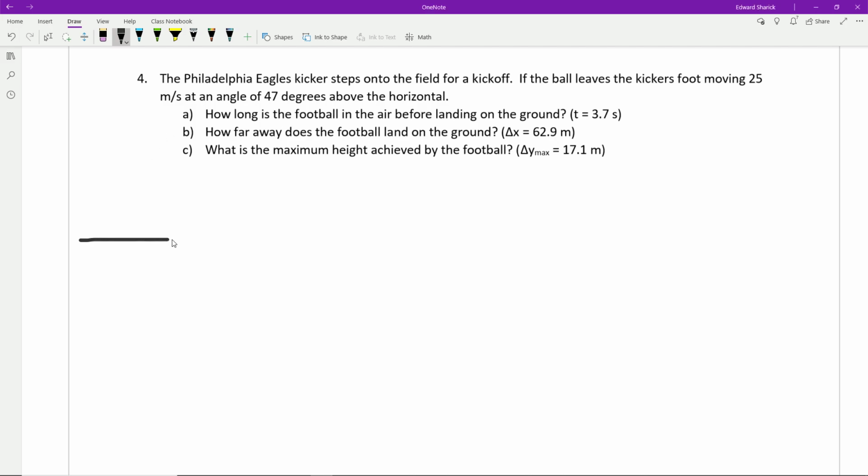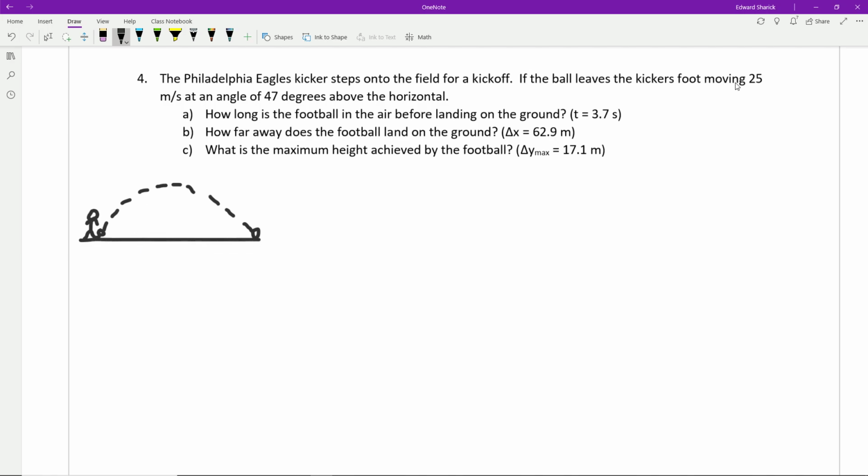So you want to visualize this. Our player is here. And he is going to kick the football from here, and it's going to travel upward and then back down until it lands over here.